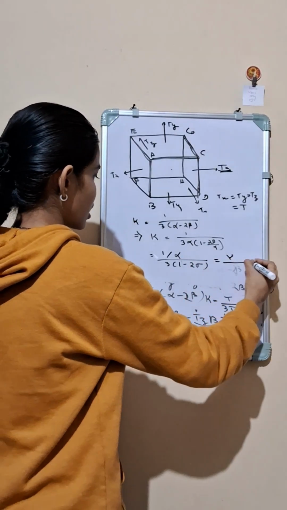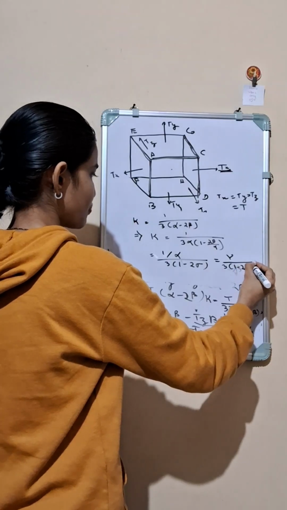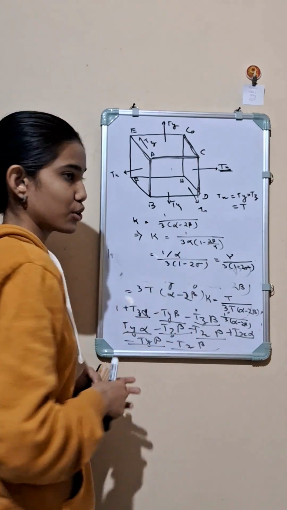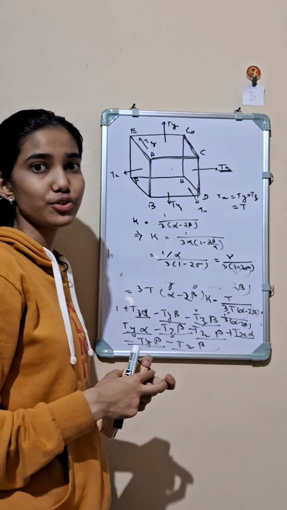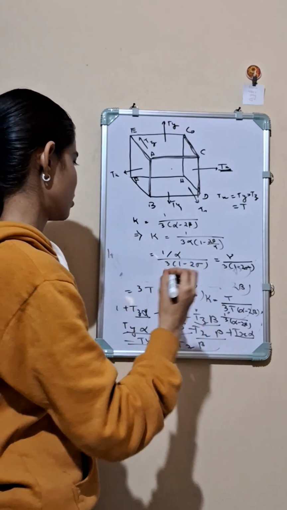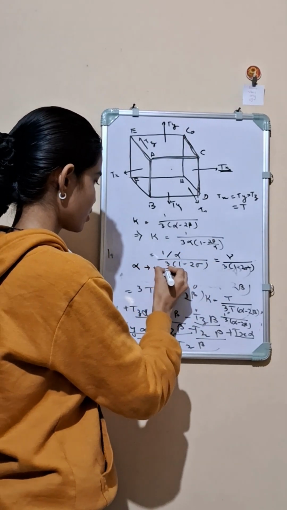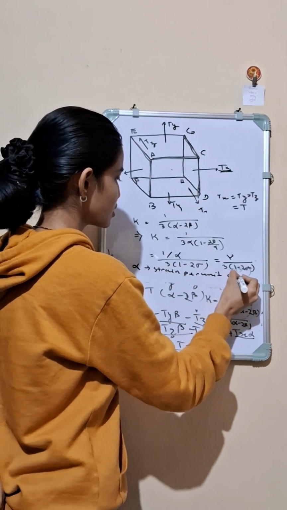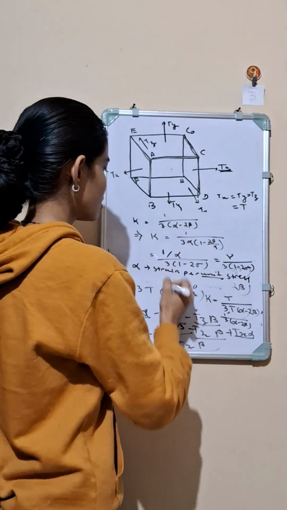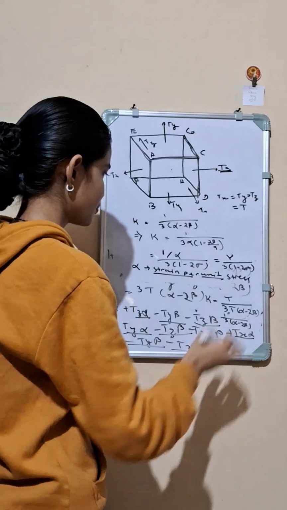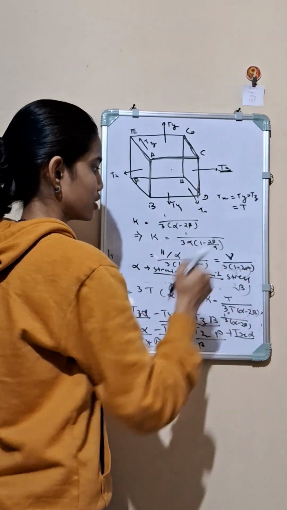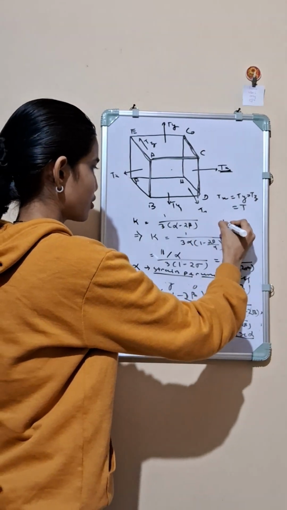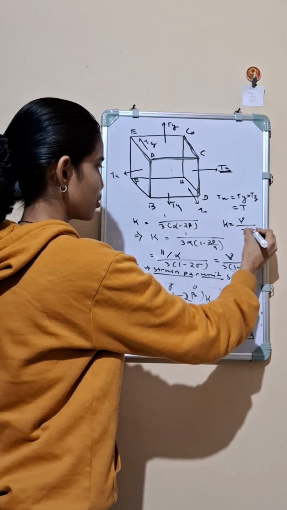We can write this as gamma by 3 into 1 minus 2 sigma, because if we consider alpha to be strain per unit stress, it means the stress is unity, and here 1 by strain means stress by strain equals Young's modulus.